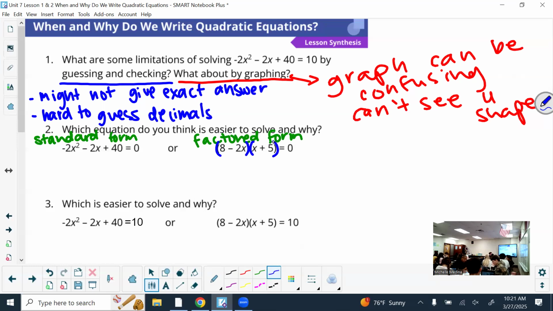I'll say it again. If I'm multiplying two things together and it equals 0, what must one of those things be?